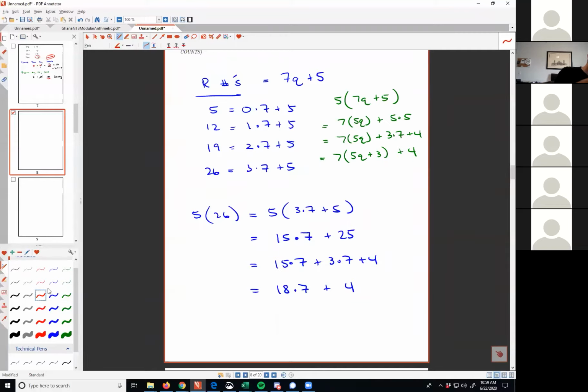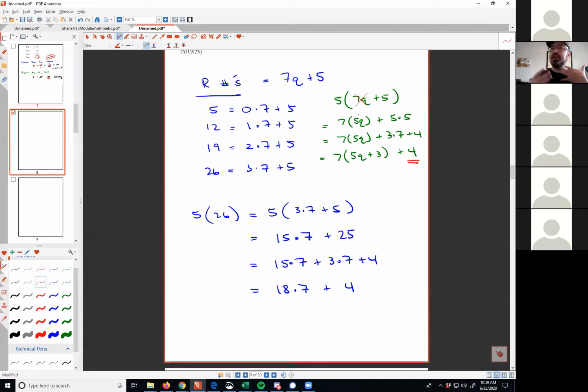We are always going to get a remainder of 4. So what mattered in these computations and what did not matter? The 5 by 5 is what mattered, because 5 by 5 gives you 25, which is 3 times 7 plus 4. That's where you get a 4 from.